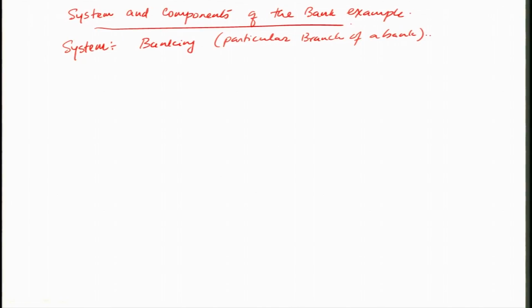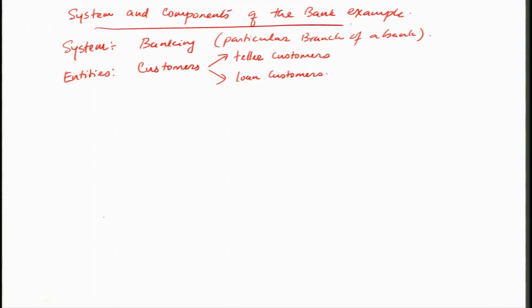Then what are the entities? You can say there are customers. If you want to be more specific, you can have two entities: the teller customers and loan customers.